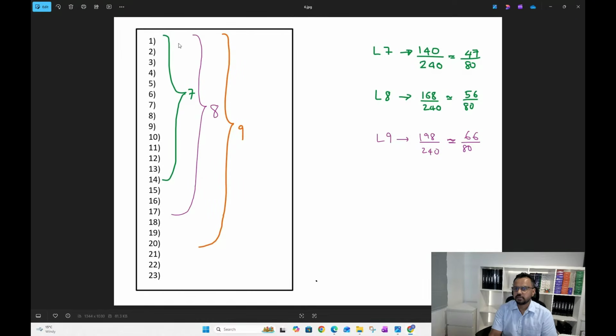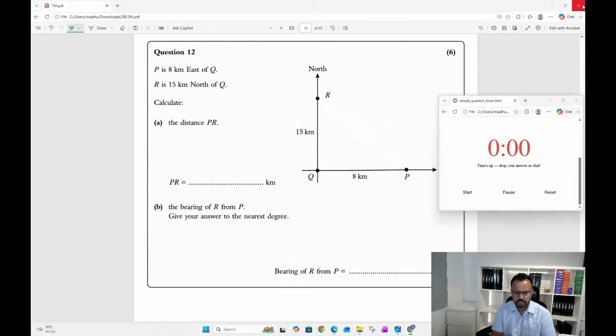To get a level 7, you only needed on average 47 out of 80. So times by 3, if you did the same, that'll be a 7. If you want to get to 8, you need to get the first 17 right. Even if you get all of these wrong, if you get exactly right everything up to this point, you'll get the 8. For the 9, you need to go up to about this. So you can get about 3 questions wrong per paper, roughly speaking, and if you get everything else right, you'll still be on a 9-ish. But last year it was a little different. So, I hope that answered that question.